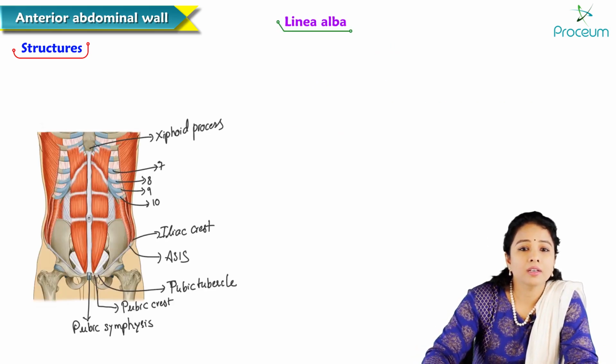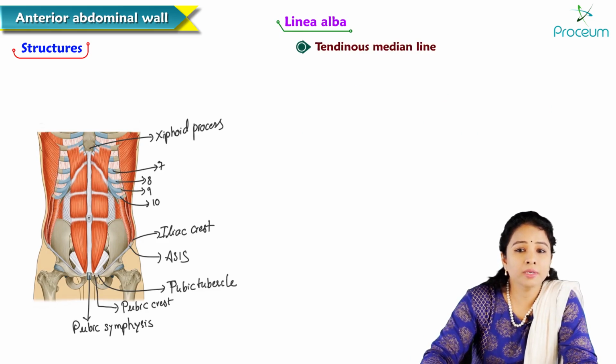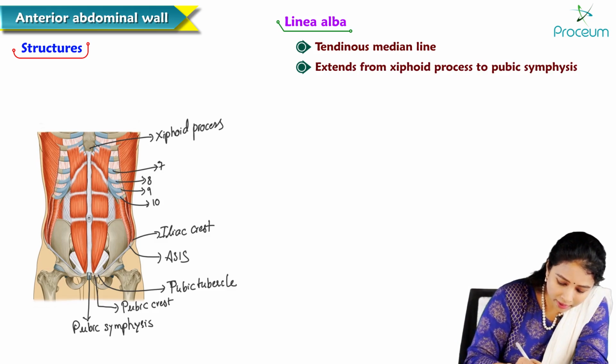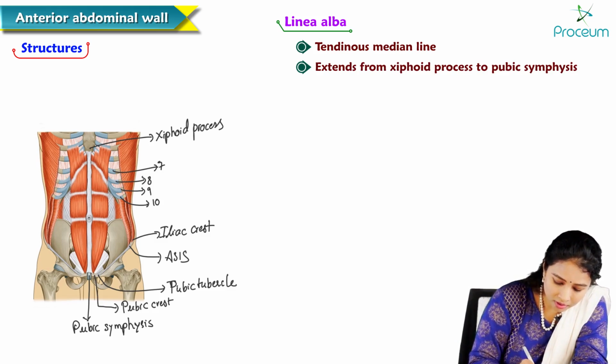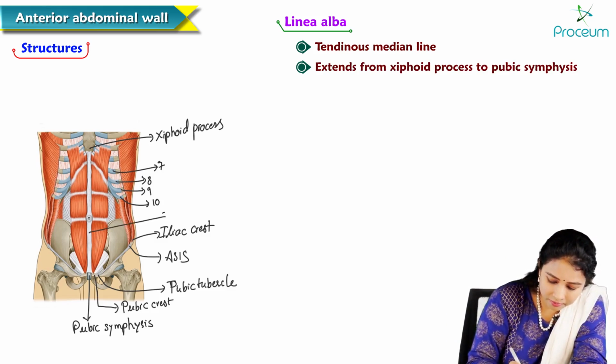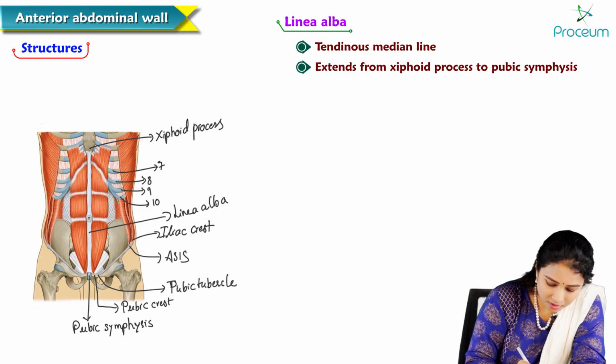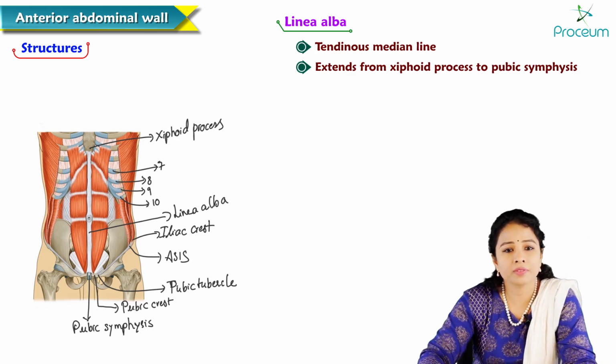Linea alba. Linea alba is the tendinous median line that extends from the xiphoid process to the pubic symphysis. So here this white line in the midline crossing the umbilicus is the linea alba, which extends from the xiphoid process till the pubic symphysis.